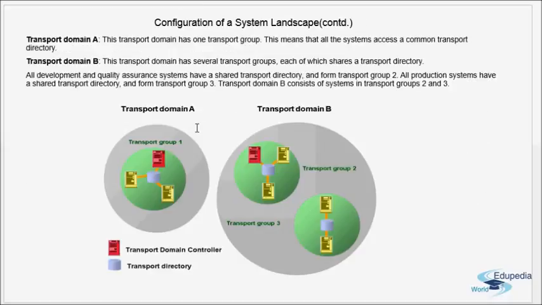In one domain you can have n number of groups, each group with its own transport directory, but there should be at least one group where all the systems access only one transport directory.